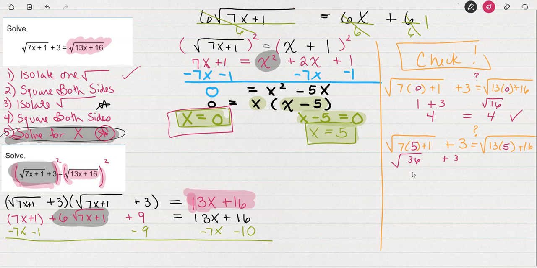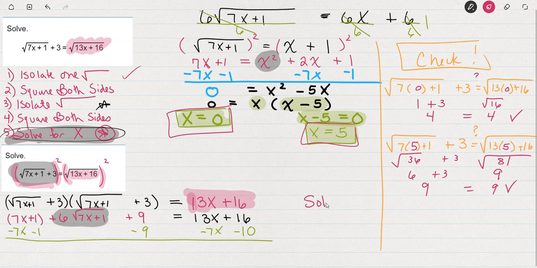The square root of 36 is 6, and 6 plus 3 is 9. On the other side, we'd have 13 times 5 is 65, plus 16 is 81. The square root of 81 is 9, so it looks like, yes, that one works also. So we can go ahead and accept both of the x's.